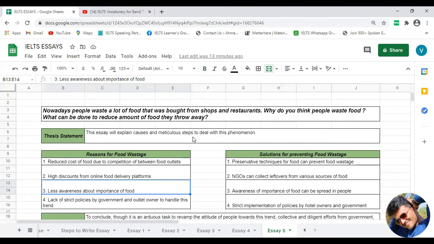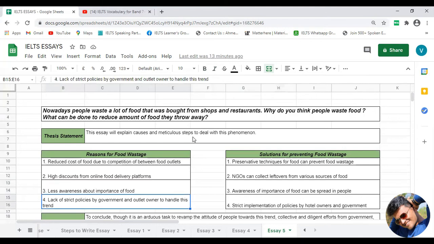That common awareness is not present in the minds of people, and because of that they become careless and reckless, and because of that attitude they waste a lot of food. So that can also be considered a reason for wastage of food, and you can include that point in your body paragraph number 1.